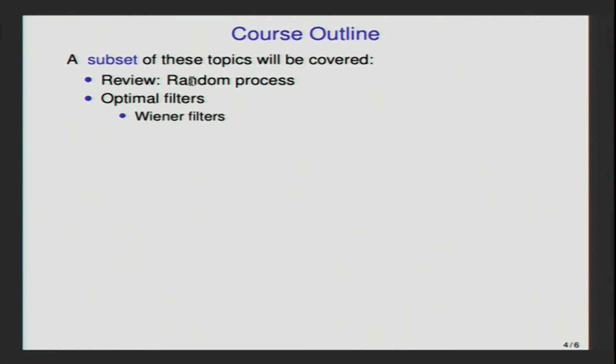As part of looking at these optimal filters, we will look at the well-known Wiener filter. The filters here essentially refer to different variants of the Wiener filter, where it could be a finite length or an infinite length filter, and these are some of the things which we will cover under this topic on optimal filters.